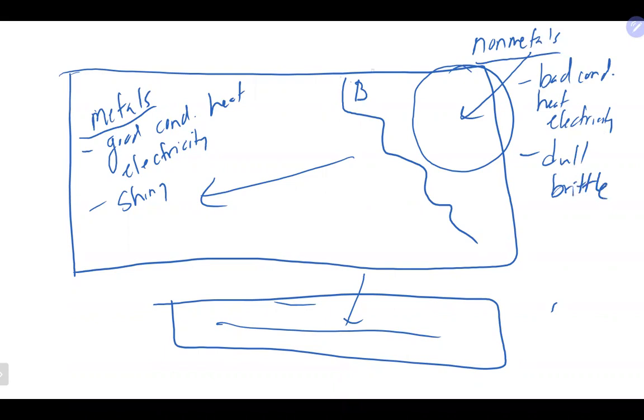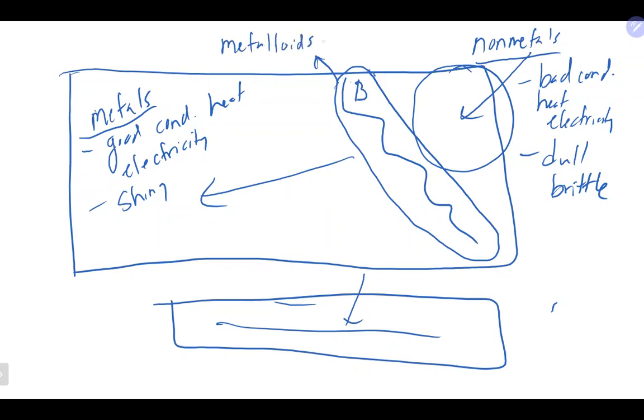And actually, kind of on that staircase, as we'll talk about it when we get there, these are what are referred to as metalloids. And they're sometimes called semi-metals. And basically, you can kind of see its location. Metalloids basically will have properties that fall both like metals and properties that fall like non-metals.